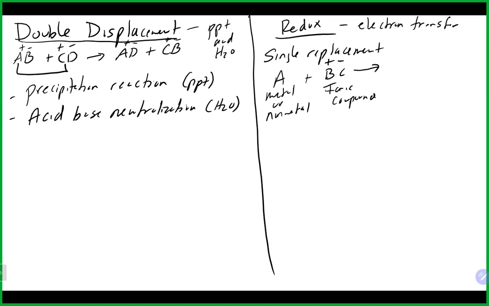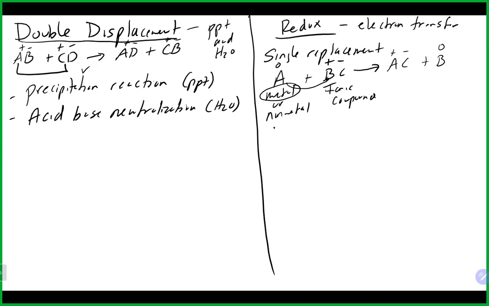And again, if this was a metal, it would come in and kick out the positive guy. If it was a non-metal, it would kick out the negative guy, making a new ionic compound on the other side, and that guy comes out by itself with no charge. So remember, single replacement, that is how you can recognize it. It looks different than what you see with a double displacement here.